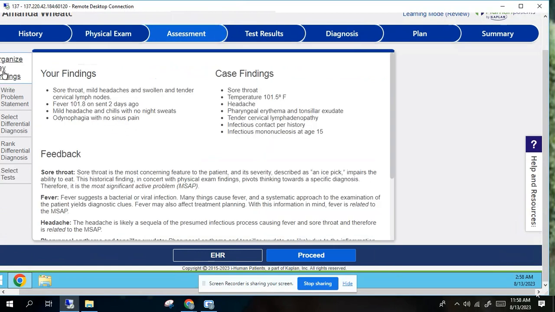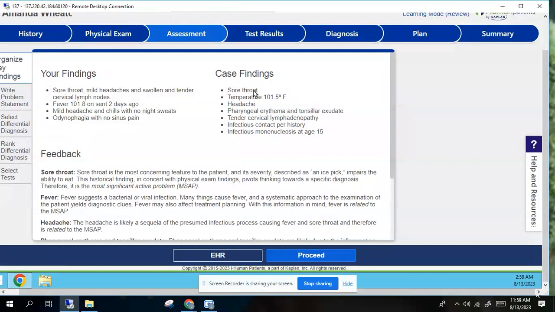And these were my key findings. They were sore throat, mild headaches, swollen cervical lymph nodes, fever, and chills. Then odynophagia with no sinus pain. And then you have to compare them to the case findings.